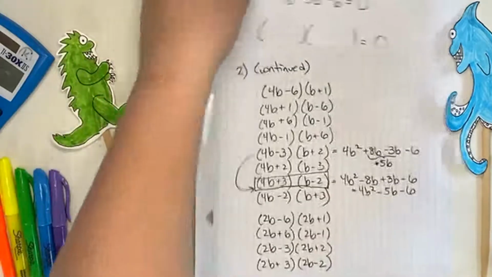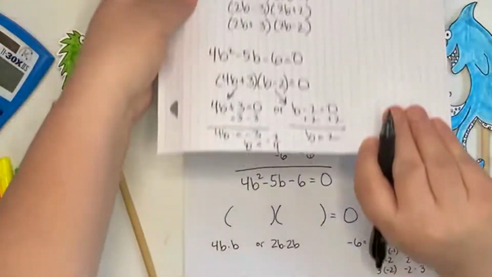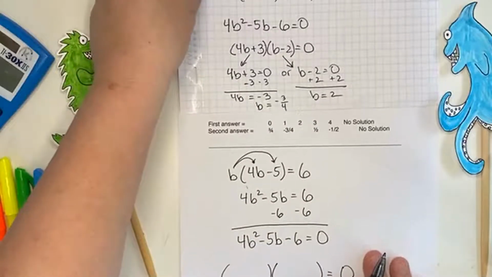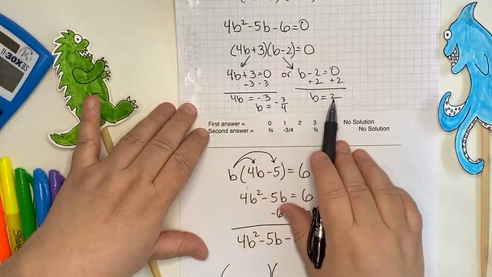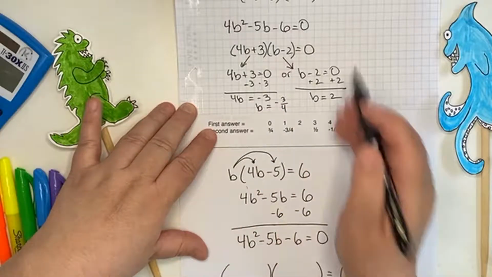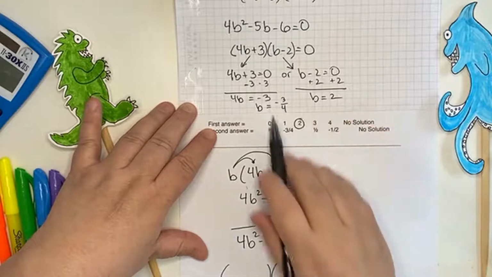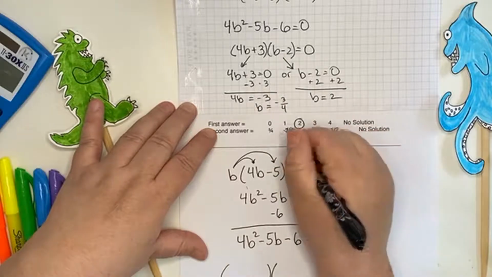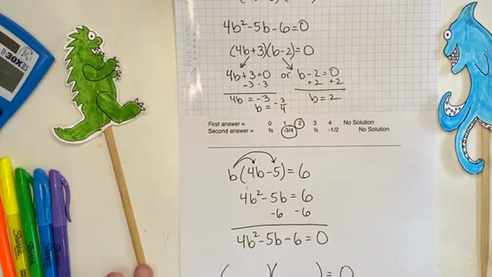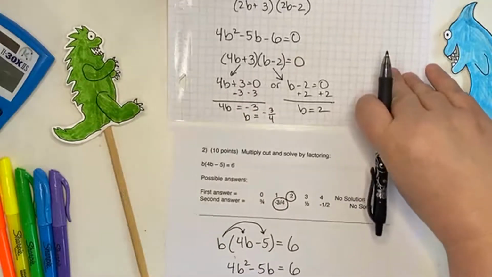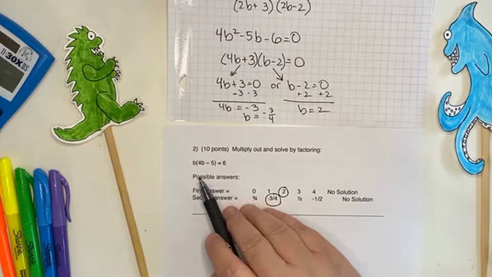Okay, so let me put this in a different order. Here we go. My second answer is 2, and then I do have one answer that's negative 3/4. That's it. It's a surprisingly long problem for such a little tiny piece of math.